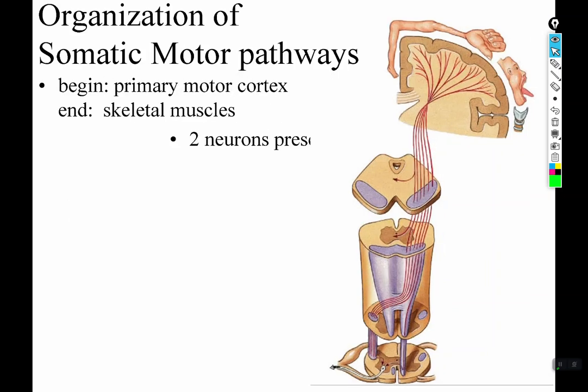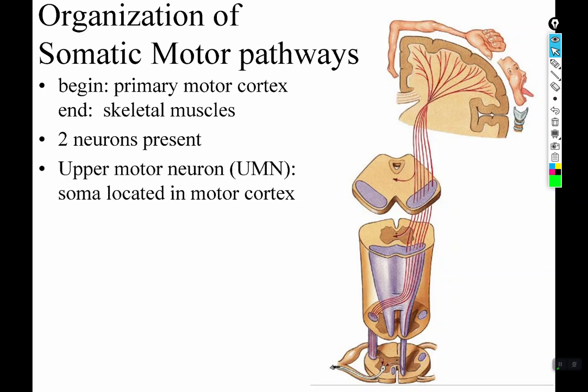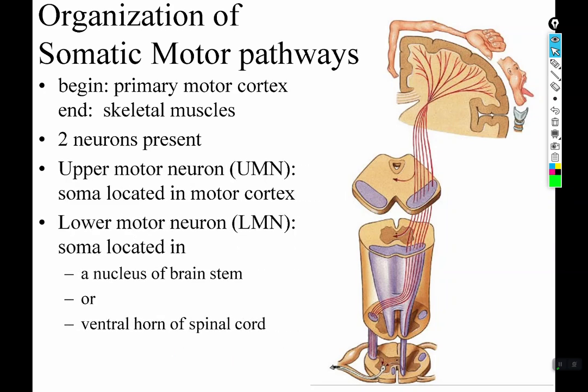So motor pathways are, of course, going to be descending, right? They begin in the primary motor cortex, which is on the precentral gyrus. And of course, they end in skeletal muscles, which we consider to be voluntary functionally. So this is easier than sensory because there's only two.